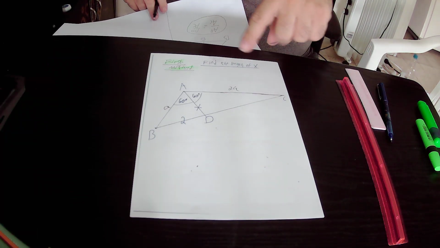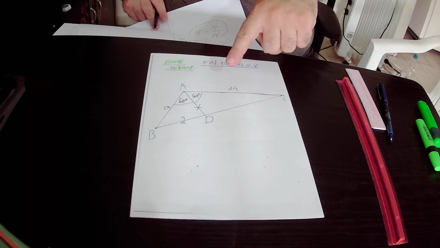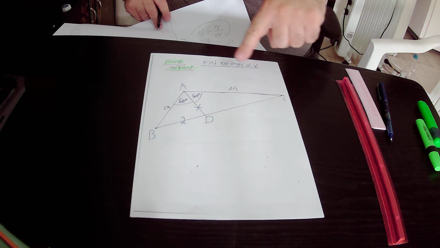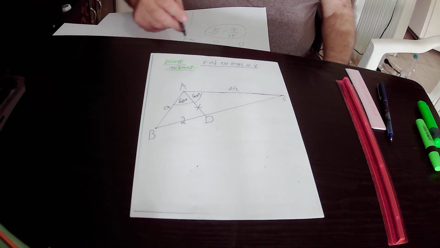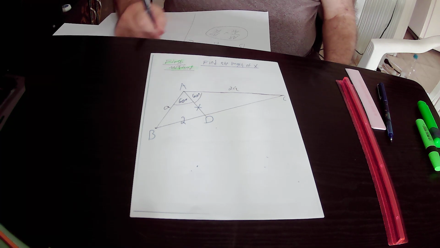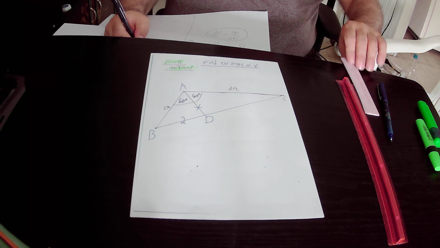Can we implement the angle bisector theorem in triangle ABC? Yes, because triangle ABC has the angle bisector AD. AD bisects angle BAC into two halves, each half equal to 60 degrees. So we will implement the angle bisector theorem in triangle ABC. In triangle ABC, AD is the angle bisector.